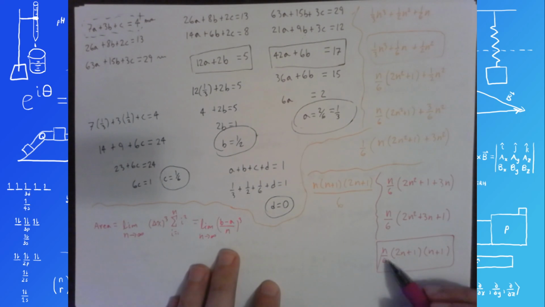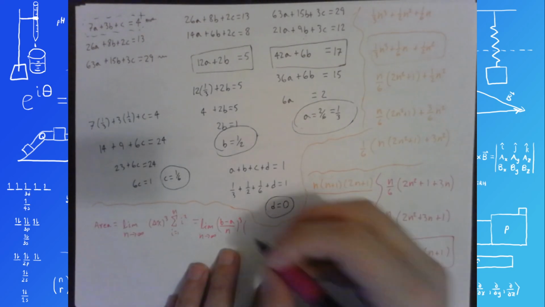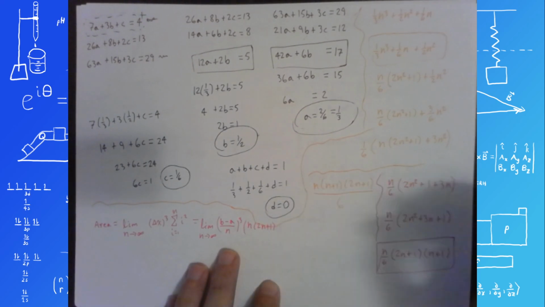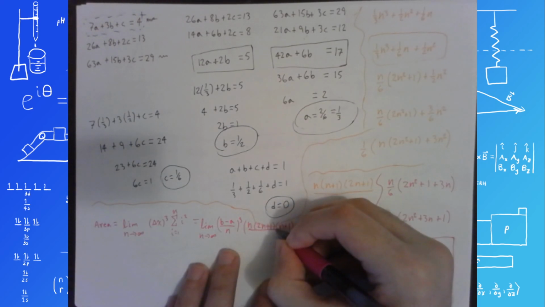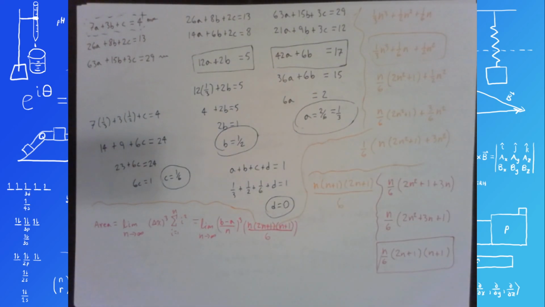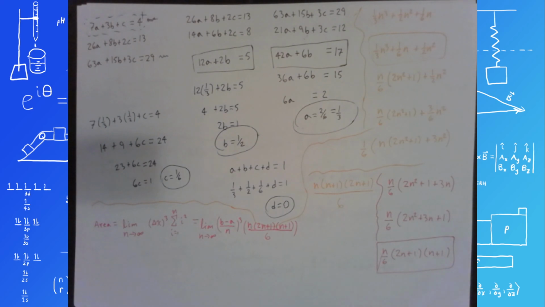It's always going to be n over 6 times 2n plus 1 times n plus 1. So n times 2n plus 1 times n plus 1 all over 6 as n approaches infinity. Okay, and I can see the n's are going to deal with each other as n approaches infinity. Maybe I should have actually kept it in this form after all.